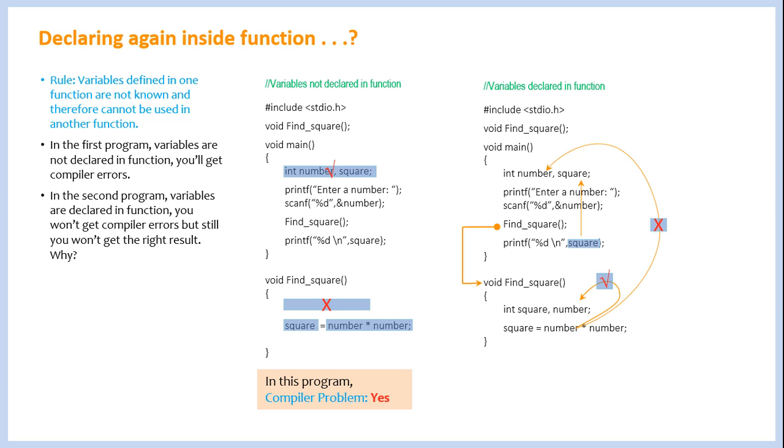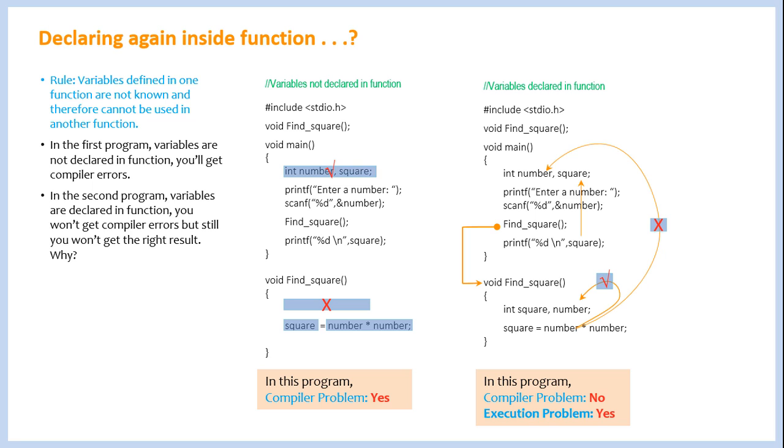But variable square in main does not have the correct value. In fact, the correct value is in variable square in the function. So the correct square value is not displayed here. So declaring variables square and number again in the function solved the compiler problem, but you didn't get the right result.